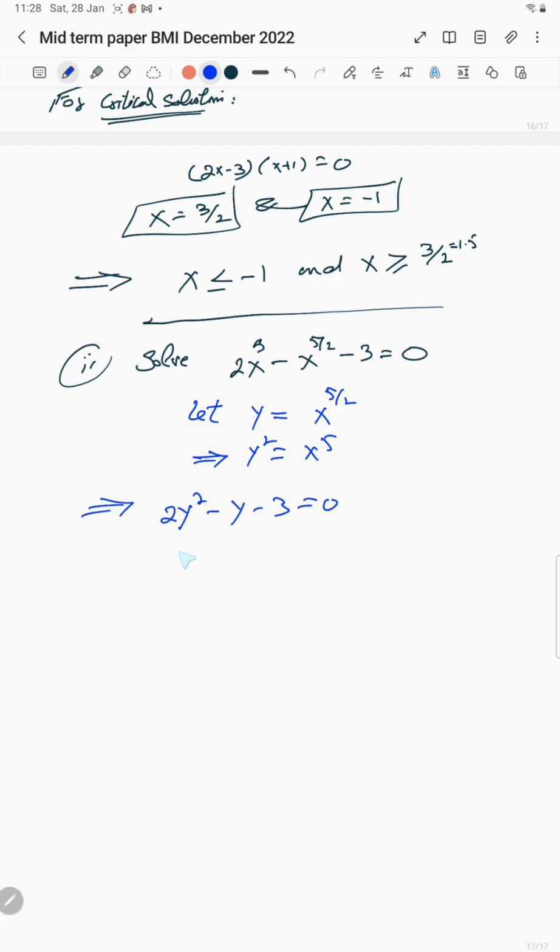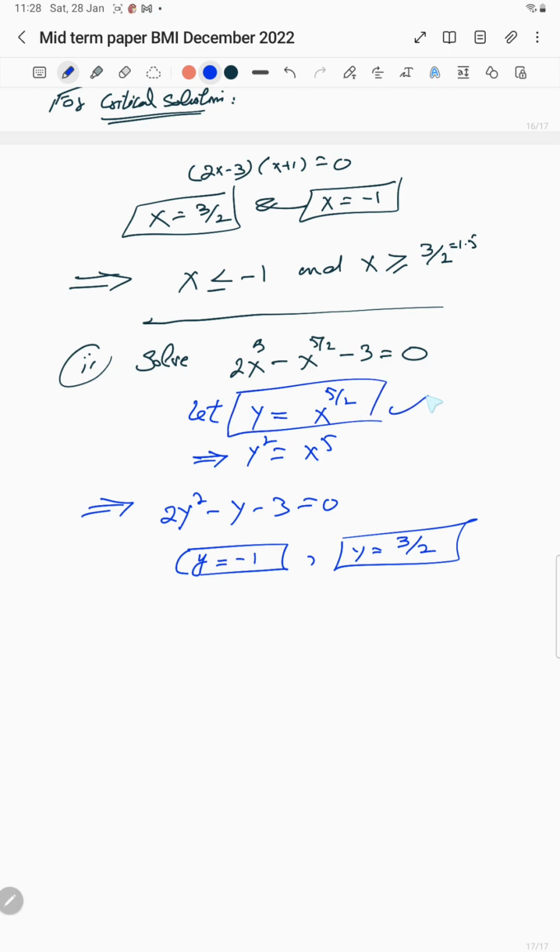Again apply the mid-term break rule. You can also apply the quadratic formula, doesn't affect it. Any approach which is easy for you. We get these two values of y. Now resubstitute here from where we started.